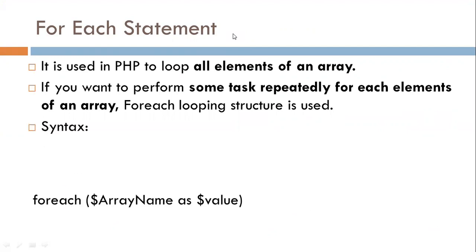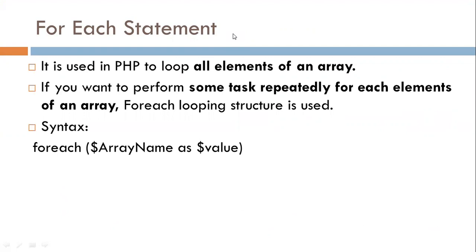The syntax of the foreach statement is like this: foreach, in brackets, $array_name as $value. $value is any variable name. Then in opening and closing brackets, write the code which you want to run repeatedly for each element of an array.